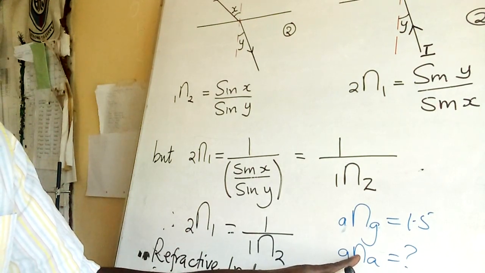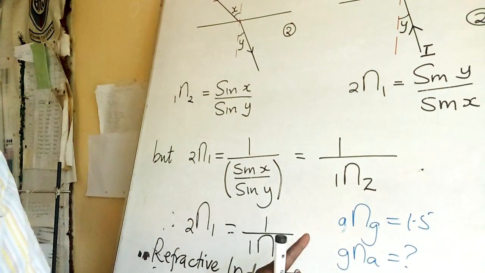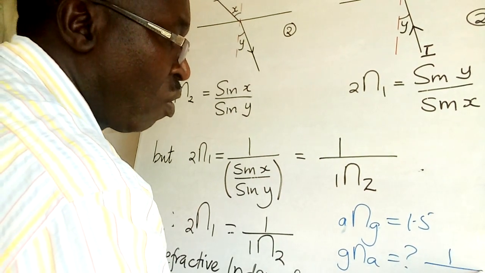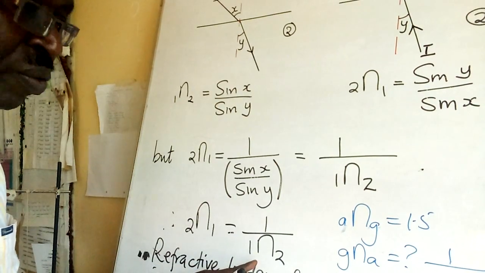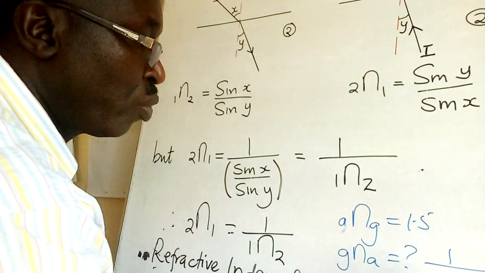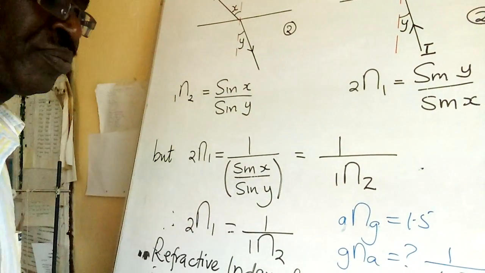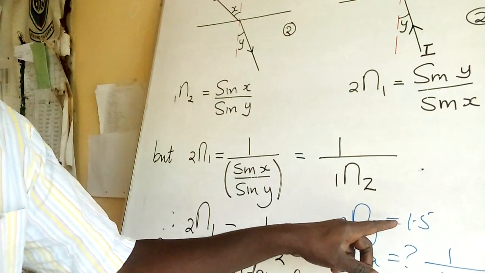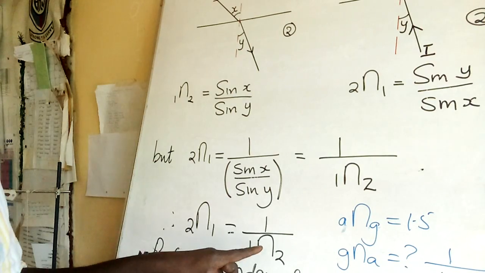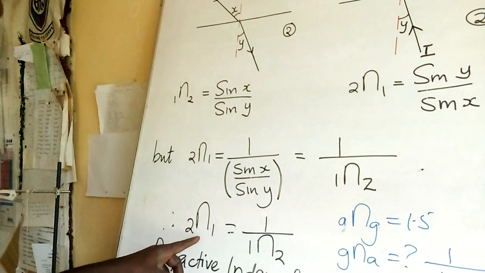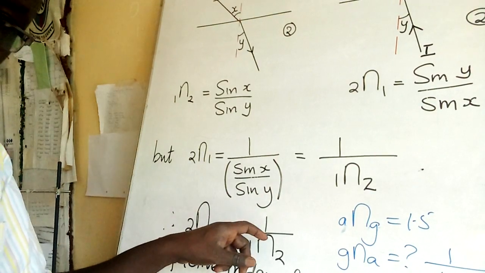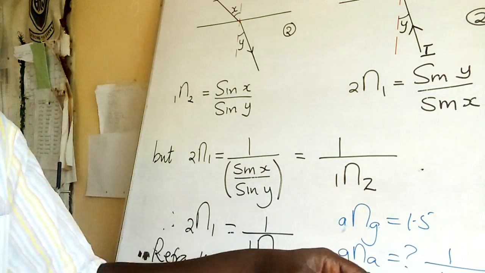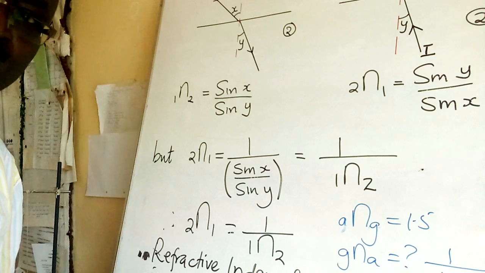Glass to air is like 2 to 1. So it means we are going to get 1 over what we are given. We have been given 1 to 2, which is 1.5. But we have a relationship here. When you want the reverse, you take the reciprocal of the previous. So you will get your answer using such a simple method.